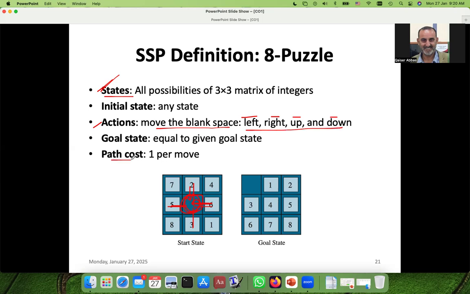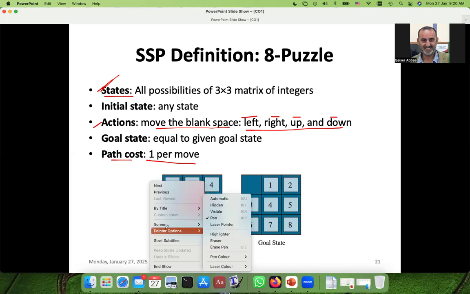And path cost is what? When you move this blank space or blank block one step in any direction, you will have one unit or one cost per move. That is called one cost per move.